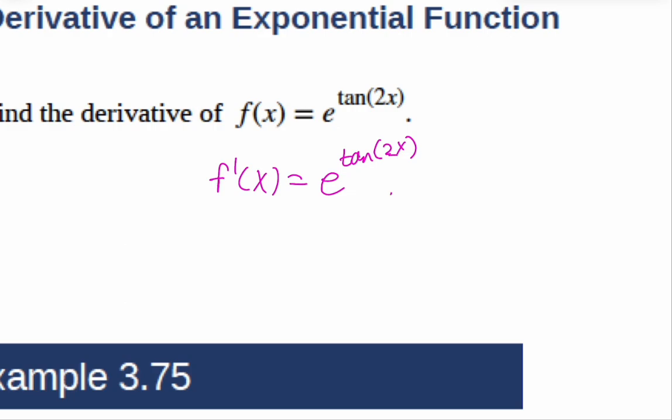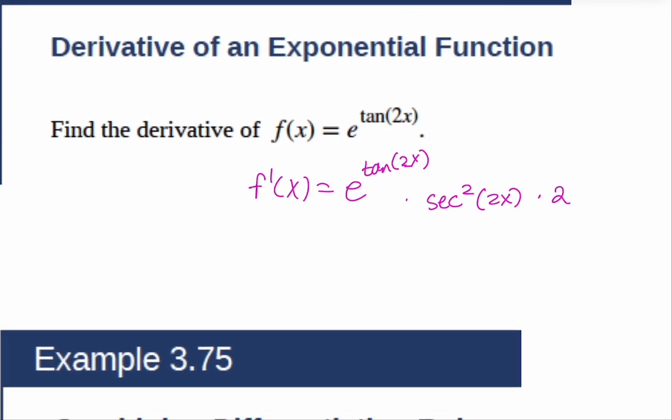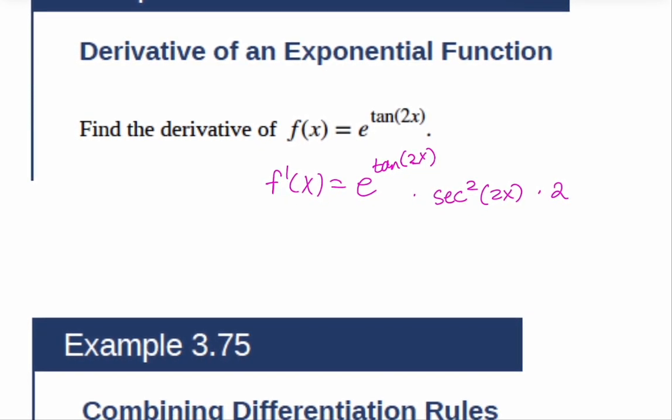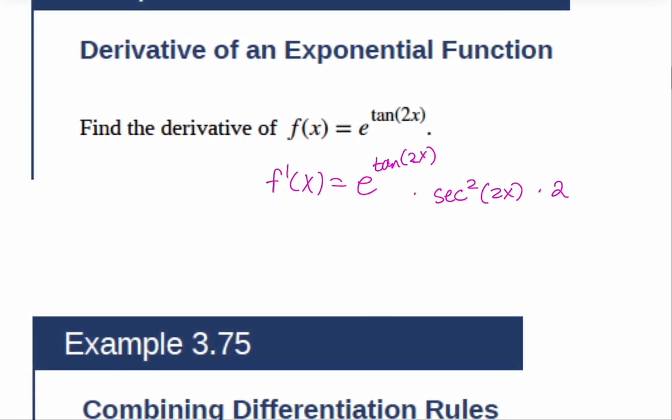The derivative of a tangent of 2x is another chain rule. The derivative of a tangent is secant squared of 2x, but then I have to multiply by the derivative of 2x, which is 2. Okay, so that is how you do example 374. Pretty straightforward stuff, nothing too fancy.